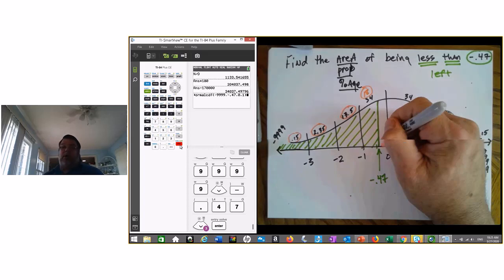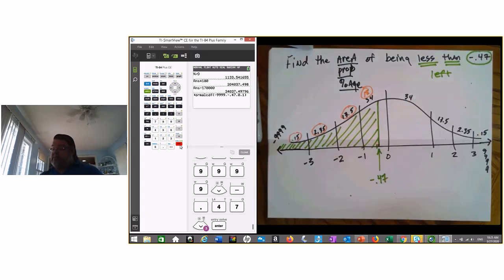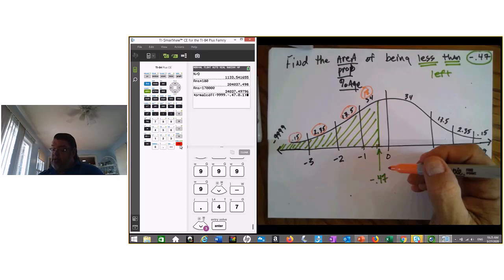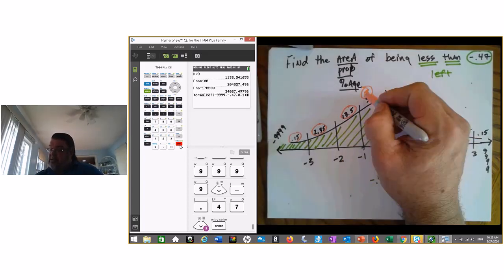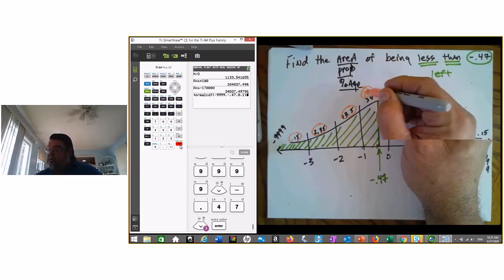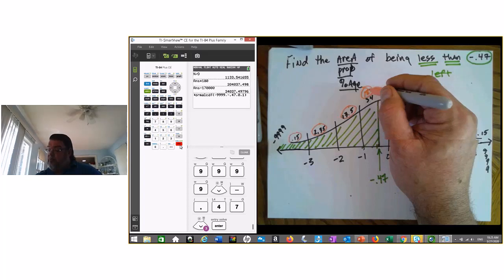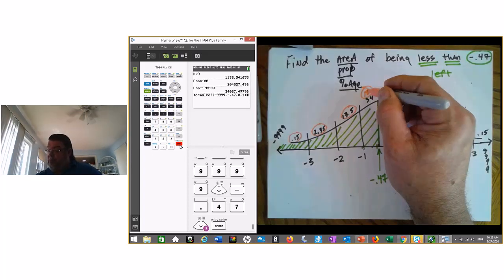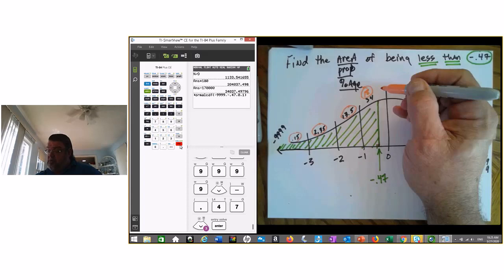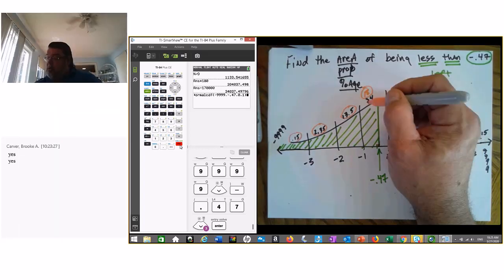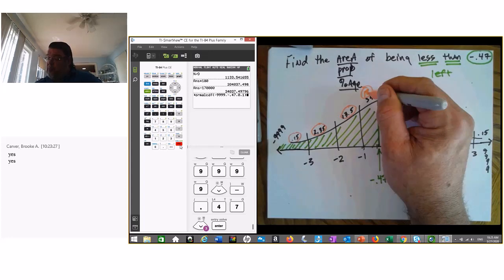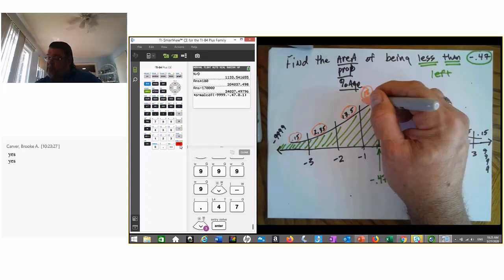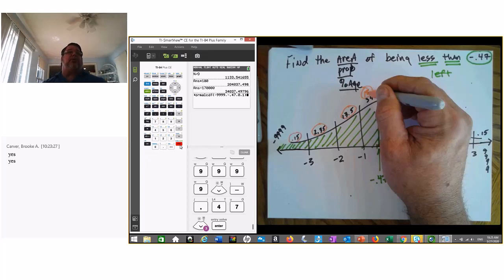So we know that this is 16. 16 plus 18 is 34, I think.